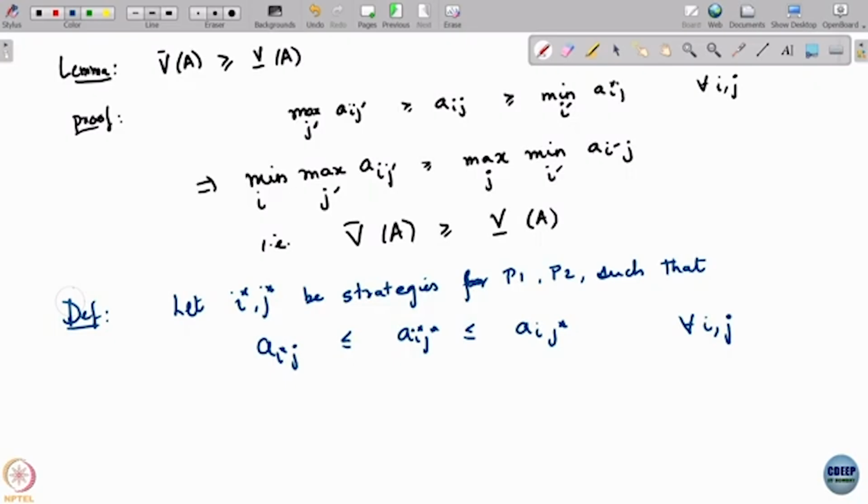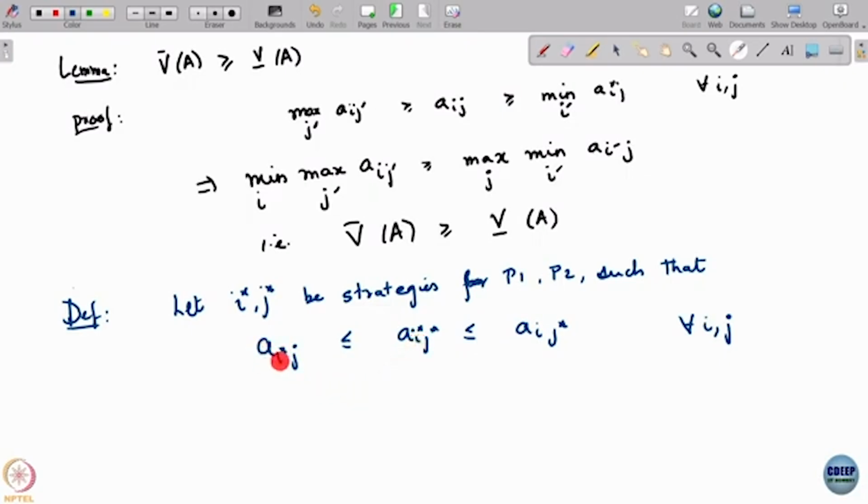That means that I star j star is such that, if you look at it from the point of view of the row player, there are two inequalities that I star j star satisfies. If you look at it from the point of view of the row player, then assuming the column player is playing j star, the best thing for the row player to do is to respond with I star.